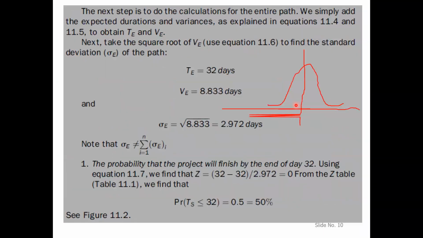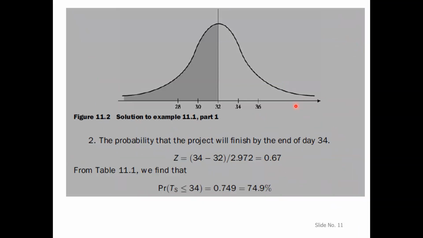So in this case, our answer is that the probability for the project to finish by the end of day 34 is 74.86, or 74.9%. This is according to our intuition that there is a higher probability for the project to finish later than to finish earlier.